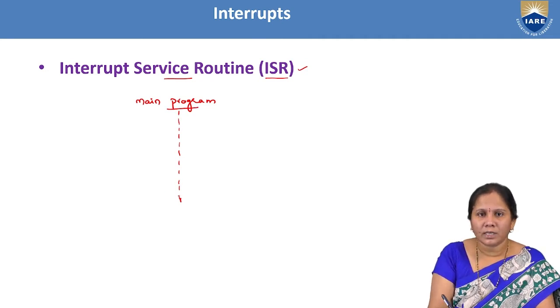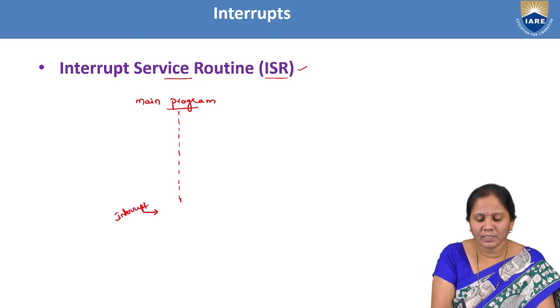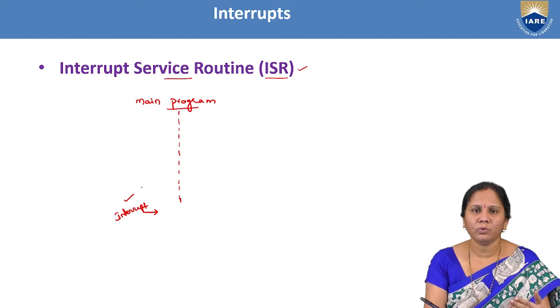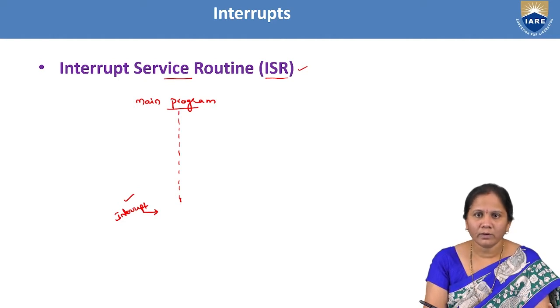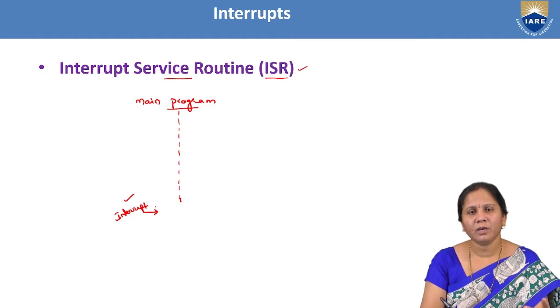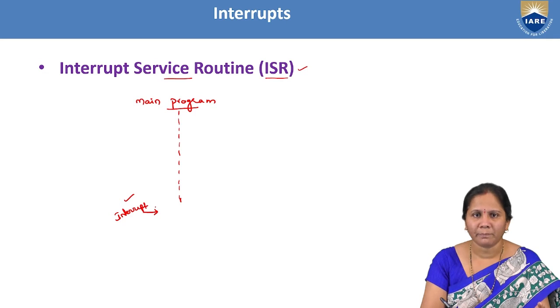When the processor is executing the main program, if any interrupt arises in between, this interrupt may be due to hardware or due to software. An interrupt due to hardware is because of some external devices, and due to software is because of some special instructions that we have used in the program.